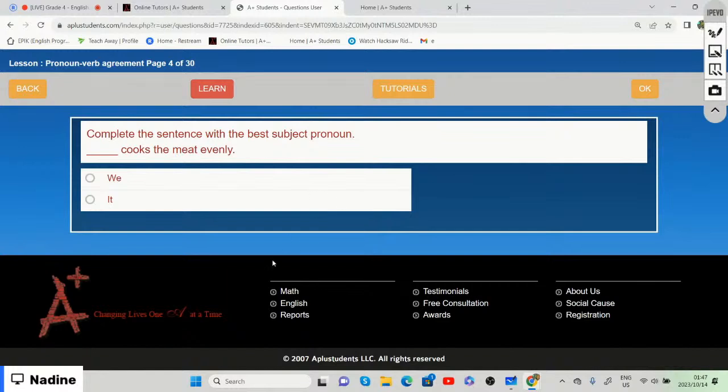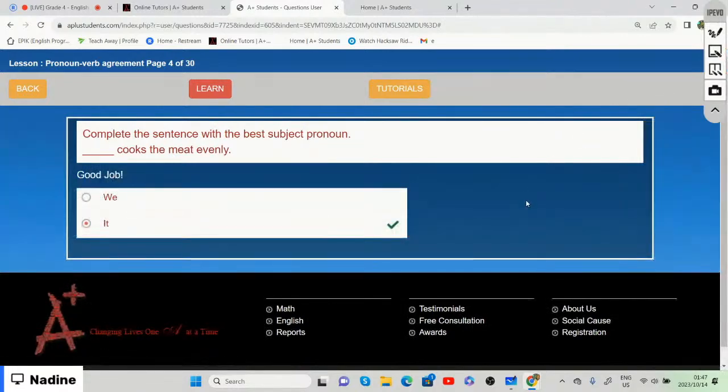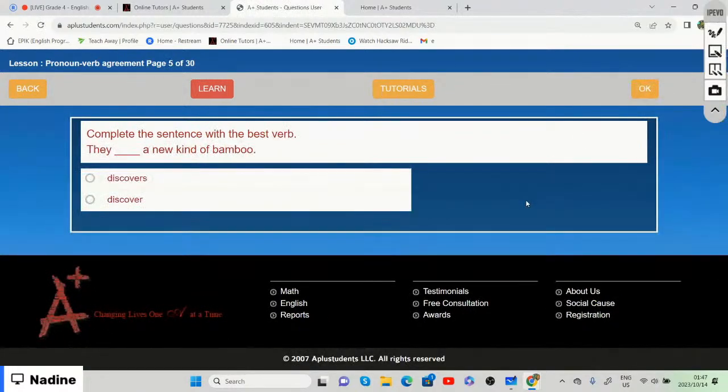All right, so we can say it cooks the meat evenly. Remember, if we say we, then it means we cook the meat evenly, a plural subject. But now we can say it cooks the meat evenly. All right.